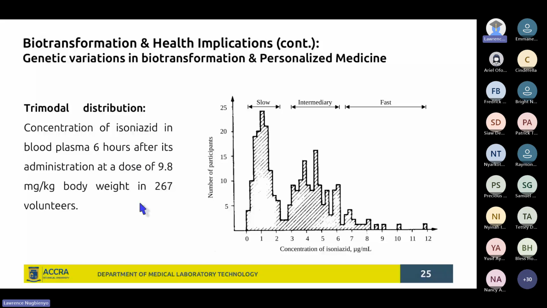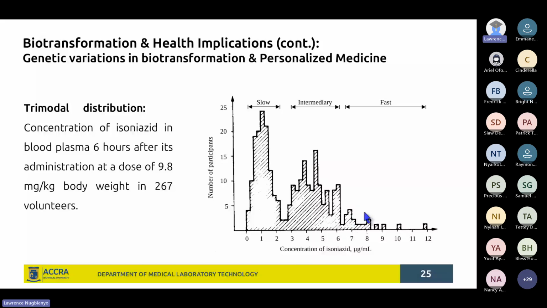There was research done over, say, 267 volunteers, looking at the concentration of the drug in the plasma of such persons over a certain period of time, and you see the distribution of the persons such that in some persons the concentration is very high, in some it is intermediate, and in some the concentration is very low.